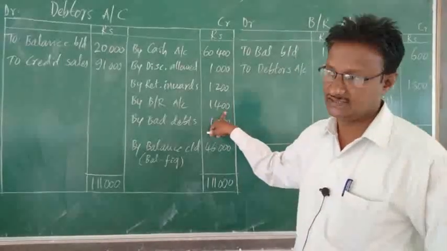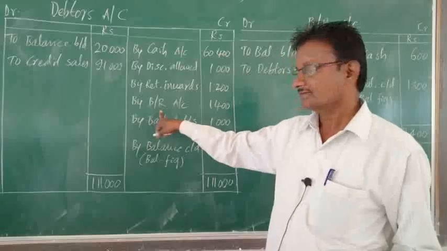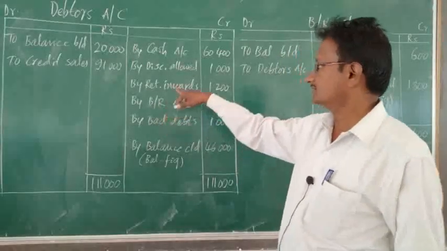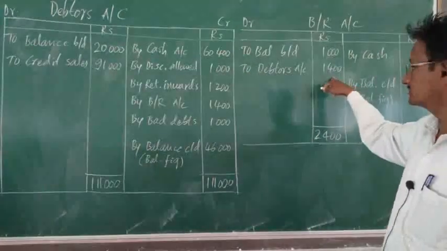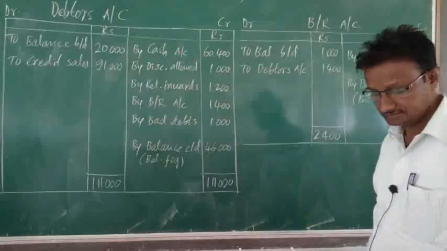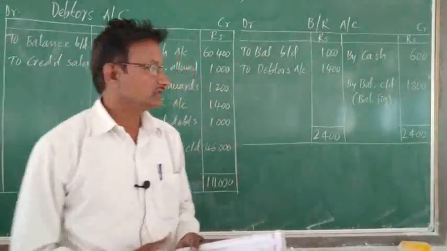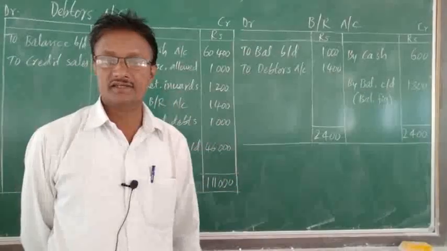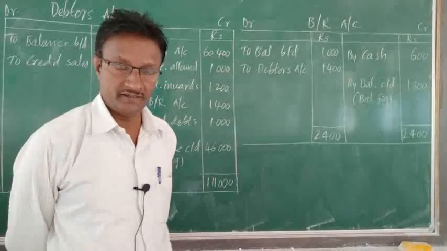And for this entry we have to make a contra entry. In the bills receivable account we write to debtors account 1,400. Up to this, all entries in the debtors account and bills receivable account have been made.